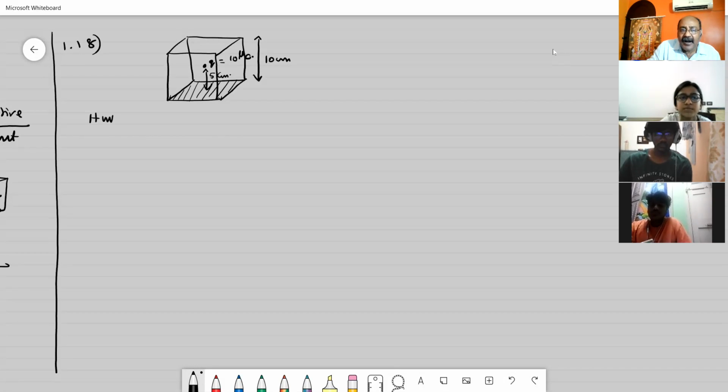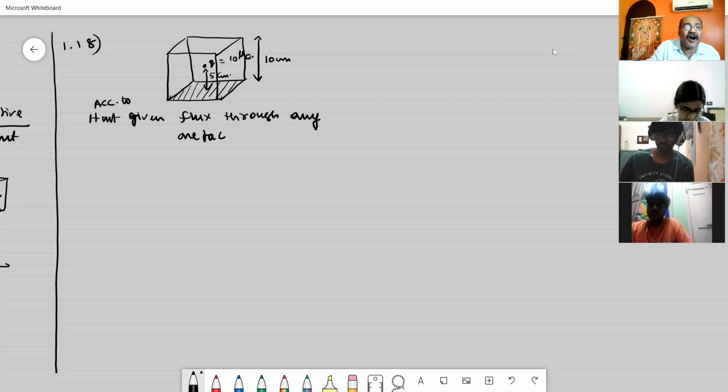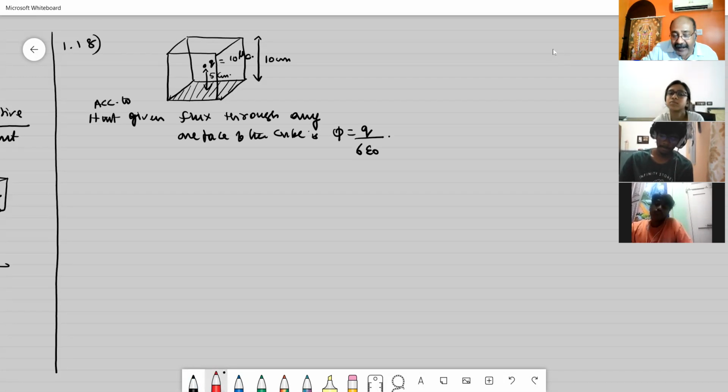According to the hint given, the flux through any one face of the cube is phi equal to q divided by 6 epsilon 0, because according to Gauss law, the total flux is q by epsilon 0.